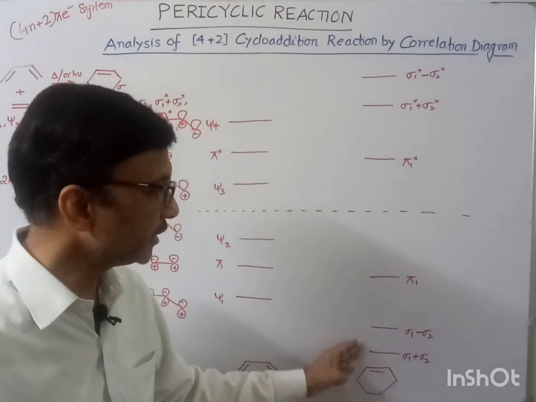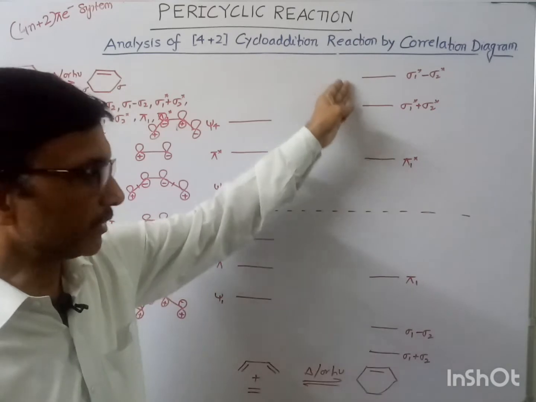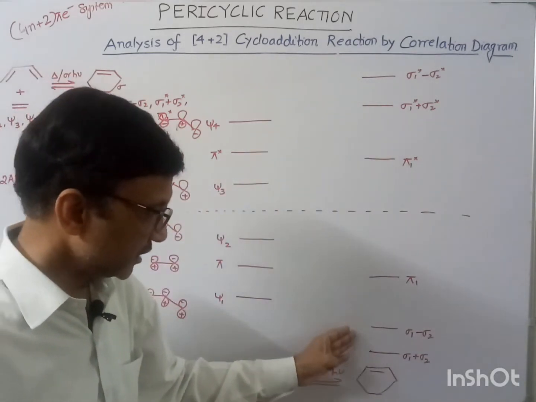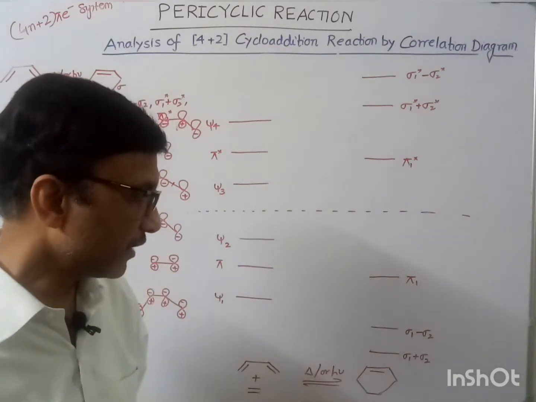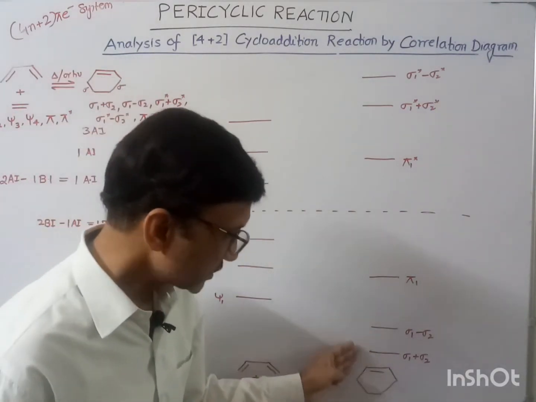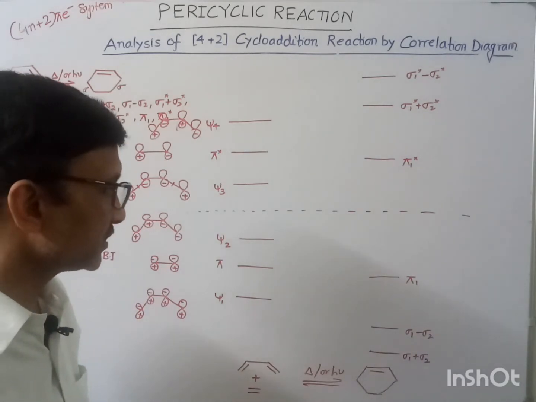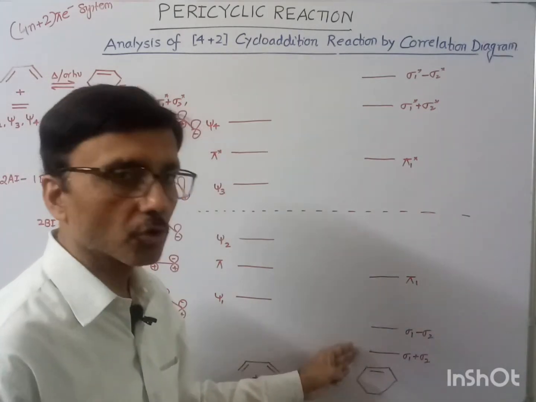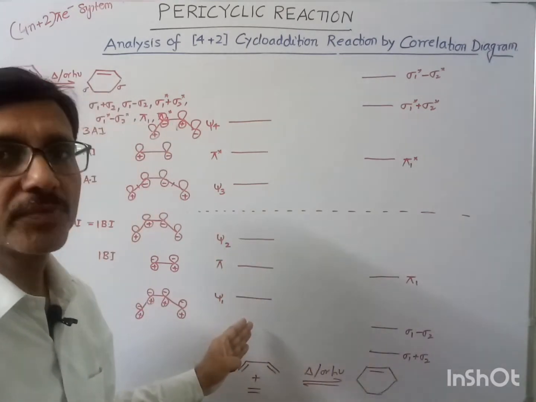These are the sigma bonding molecular orbitals, whereas these are the sigma anti-bonding molecular orbitals. And the sigma bonding molecular orbitals will always be more stable, having less energy in comparison to the pi molecular orbitals. So that's why both these molecular orbitals have lower energy in comparison to these pi molecular orbitals.